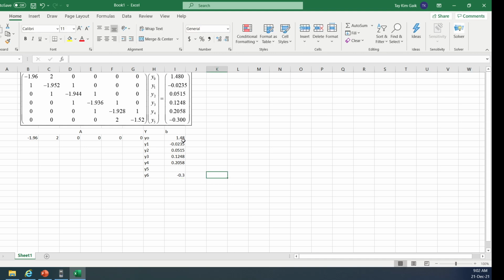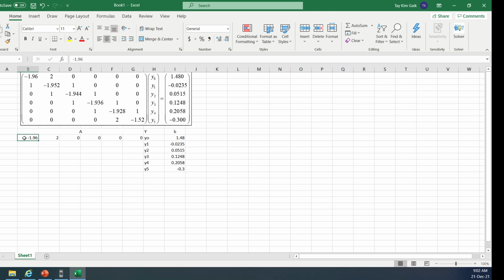So b0 is 1.48, and then negative 0.0235, 0.0515, 0.1248, up to y5. And then the last one of vector b is negative 0.3.